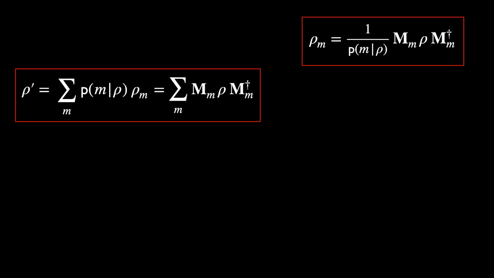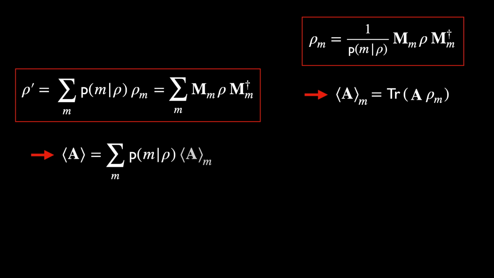Making measurements on a particular outcome state m of, say, an observable, the average value is just given by the usual trace formula. For the state rho prime, the average of A over the entire ensemble is just the average over all the results for each m.